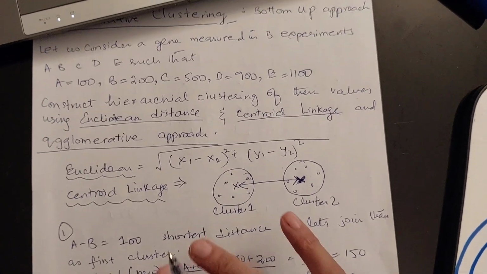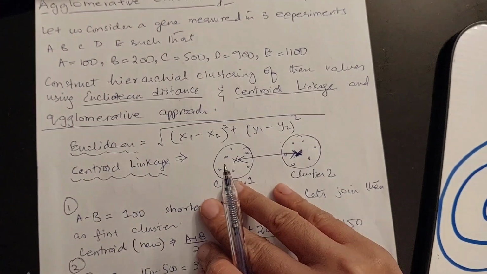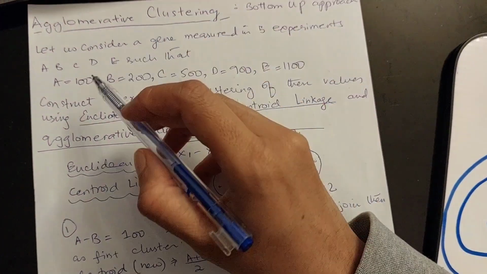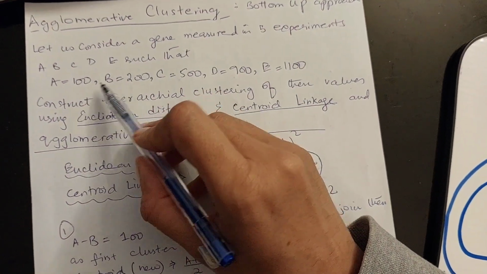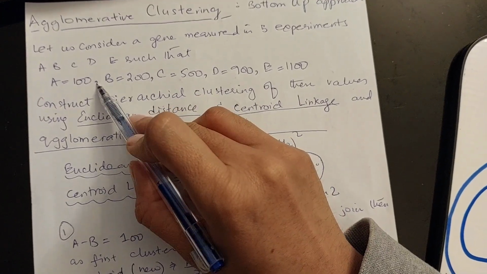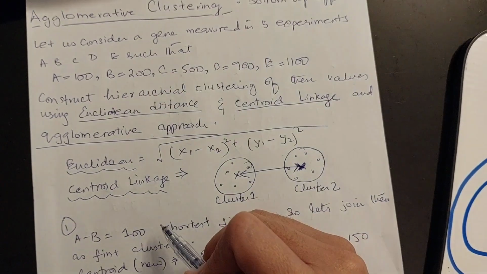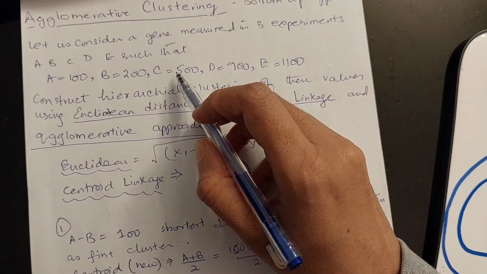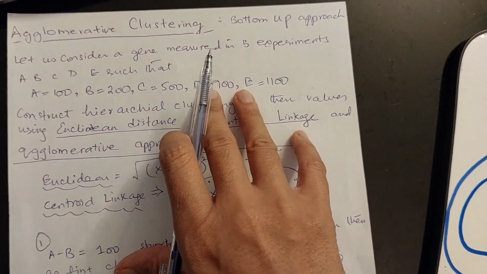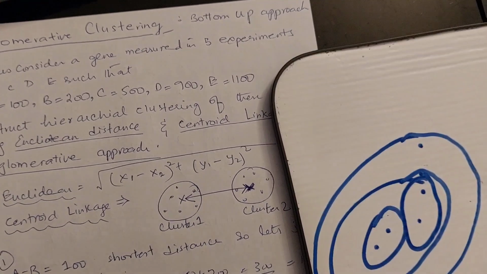Okay, so first of all I'm going to calculate the distance, right? The distance between A and B is 200 minus 100. It is equal to 100, right? Let me calculate the distance between all of these points.